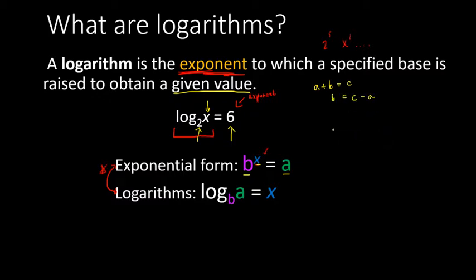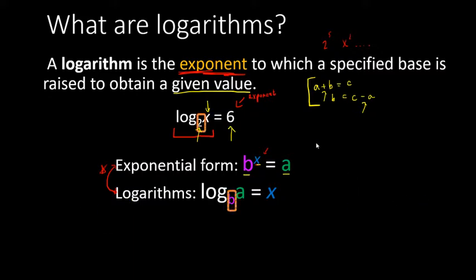As you guys know, certain situations might demand things be written in a certain way. In one of these cases, I showed an addition relationship. In the other, I showed a subtraction relationship. But both of the statements keep the values of each of my terms the same, okay? And the relationships are intact. And that's the same sort of thing going on with exponential form and logarithmic form.